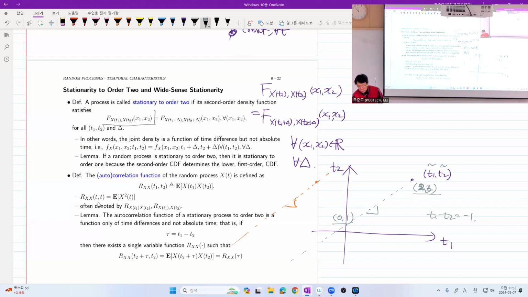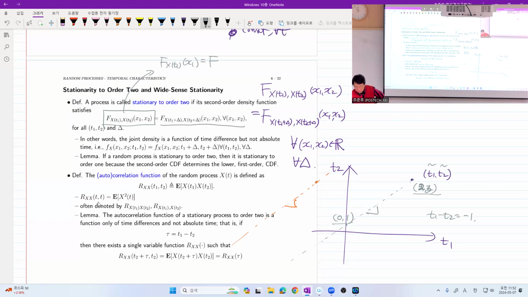Now, from this second order CDF, how can you find the first order CDF? Simple. You just plug in infinity to, for example, x2. Then what happens? The left-hand side becomes F sub X of t1 of x1. What about the right-hand side?